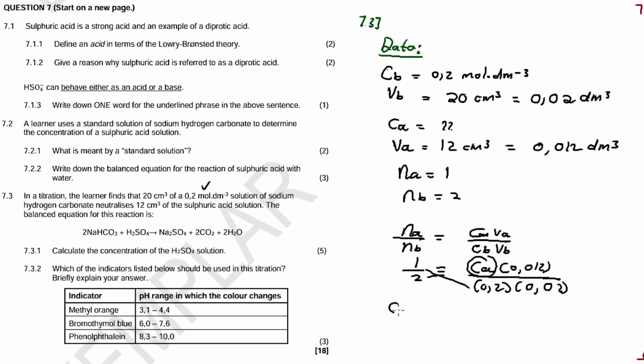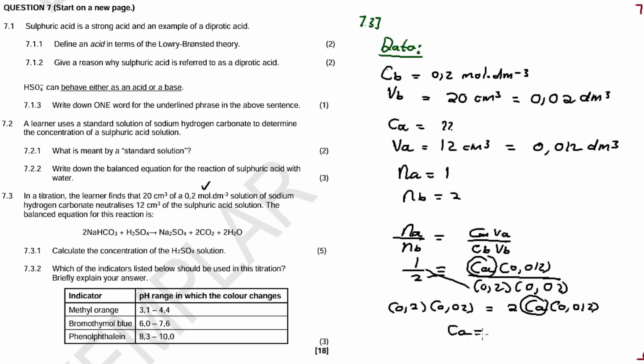So we get 0.2 times 0.02 equal to 2 Ca times 0.012. Remember, we want Ca, so we divide both sides by 2 times 0.012.